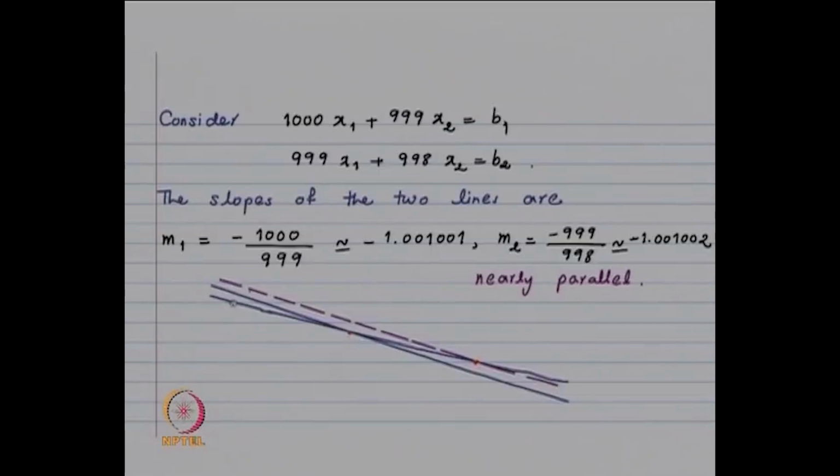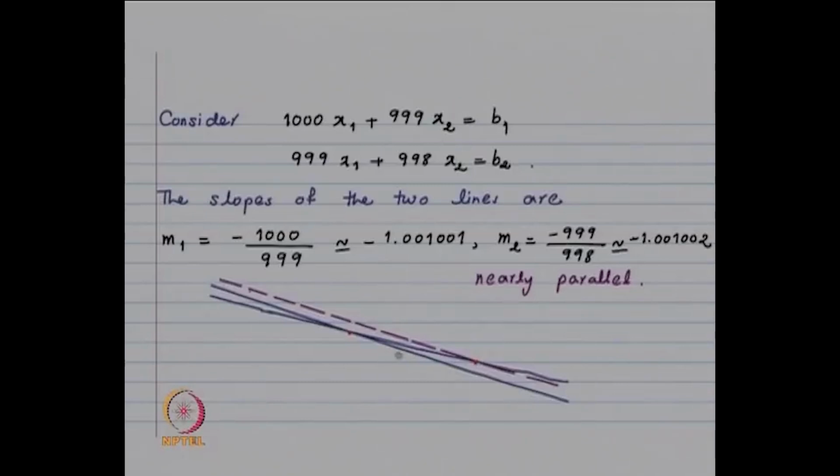Then now, instead of this straight line, you are looking at this parallel straight line, which is obtained by perturbing b1 slightly. So, I have to look at the intersection of this new dotted straight line and the other straight line. This is the original intersection and this is the new intersection.